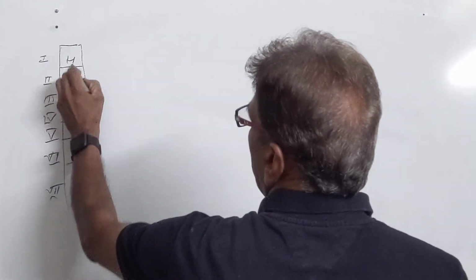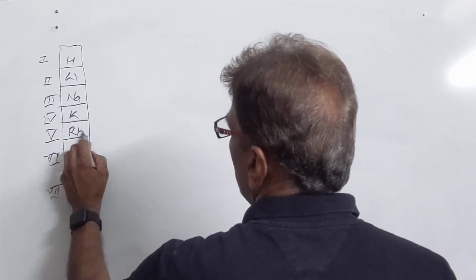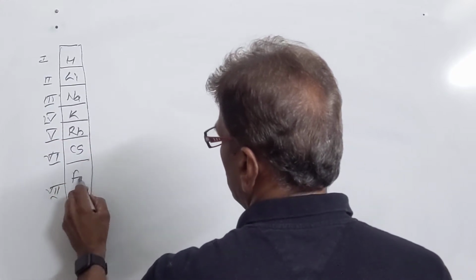It contains the elements hydrogen, lithium, sodium, potassium, rubidium, cesium, and francium.